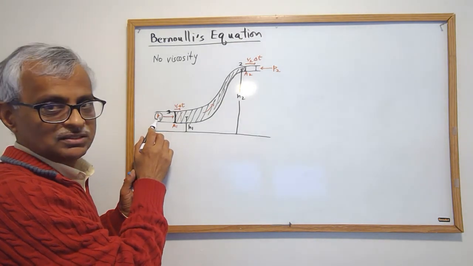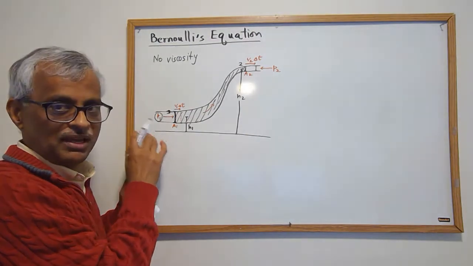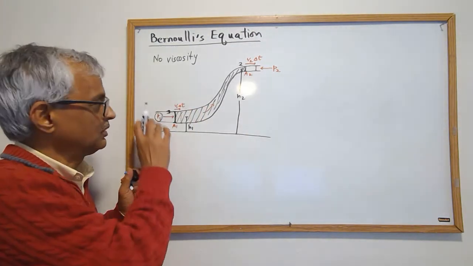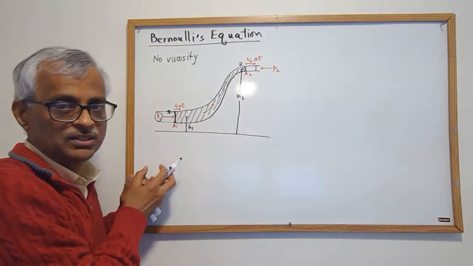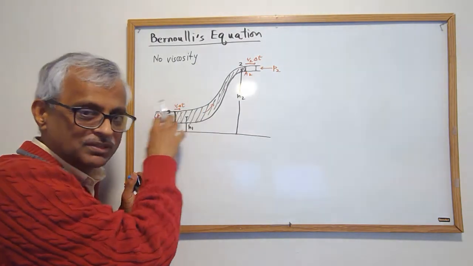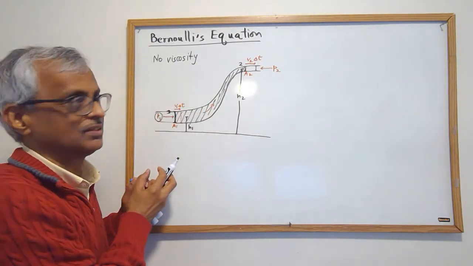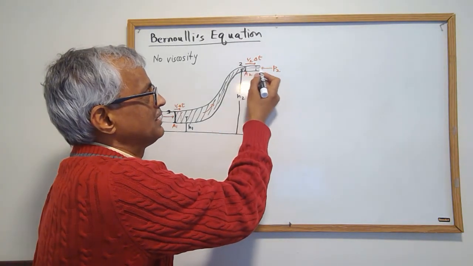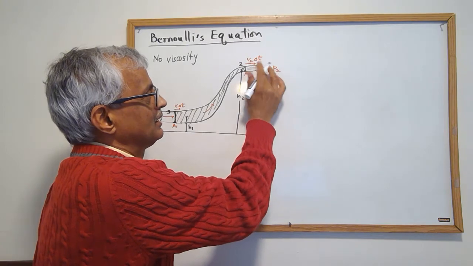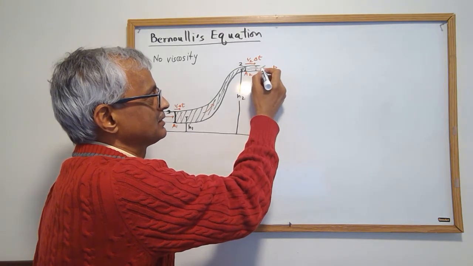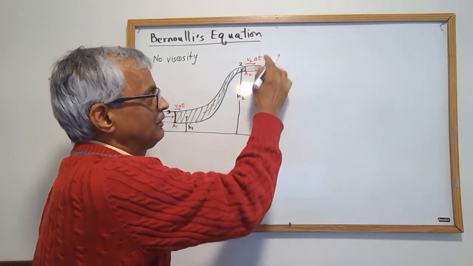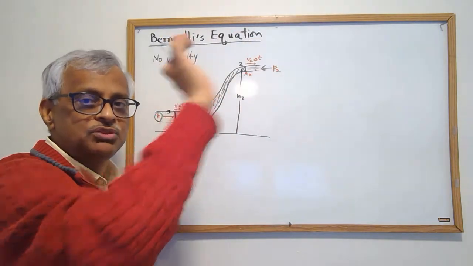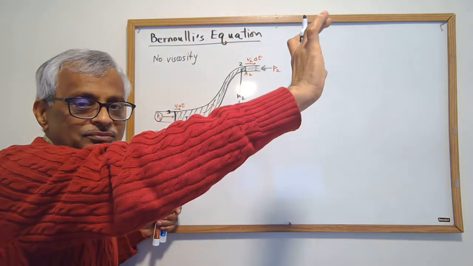You can see that P1 is some agent outside the system. It's going to push and do some positive work on the system. It's going to give some energy to the system. On the other end, when the fluid is coming out, it's pushing against something else. If this pipe is open, it's pushing against atmospheric pressure.